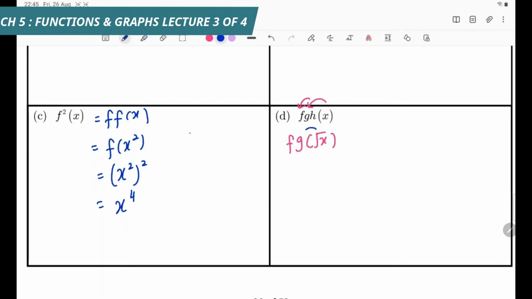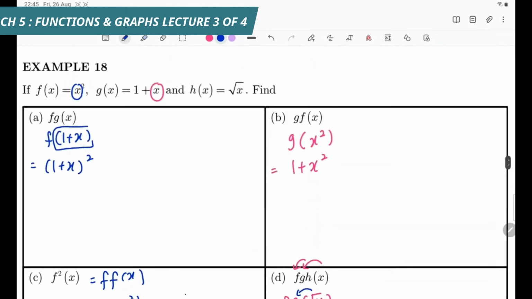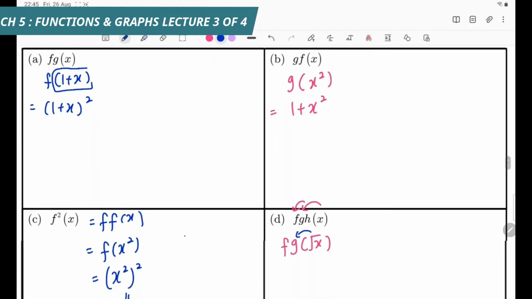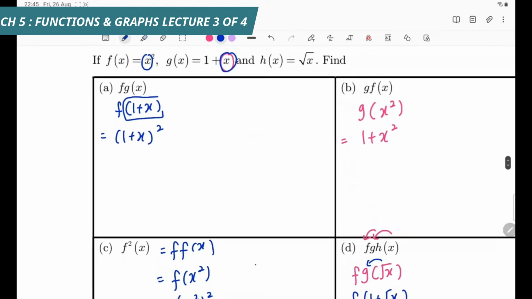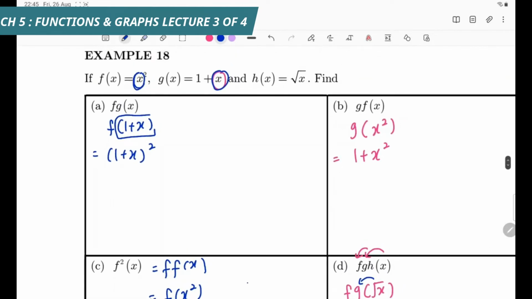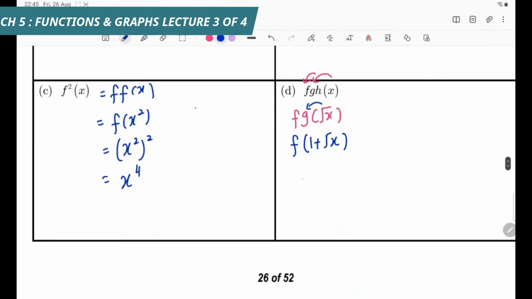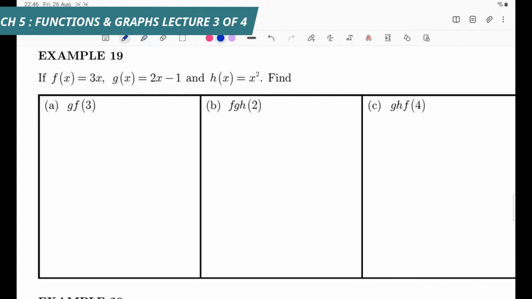Substitute that into g. So we're going to have 1 plus square root of x. And then substitute into f. So (1 plus square root of x) squared.